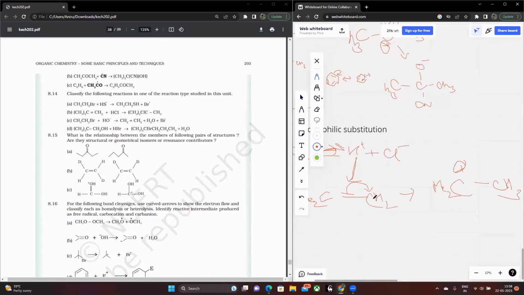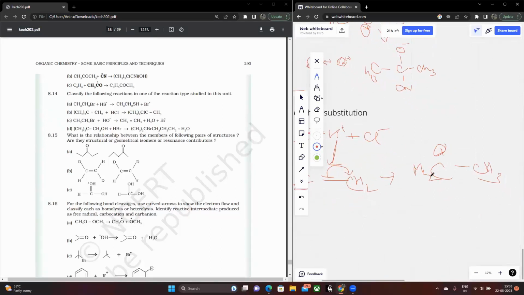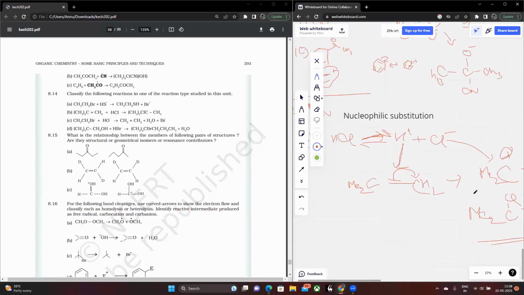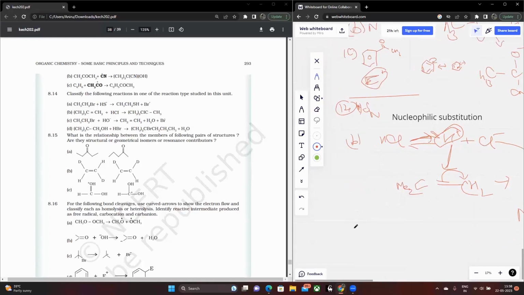Because hydrogen attacks this negative center. And then you have a carbocation over here, which is attacked by this chlorine, which forms Me2C, Cl, CH3, right? The first attack is by this electrophile. And so this is an example of an electrophilic addition reaction, right?